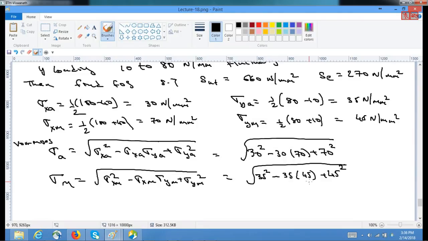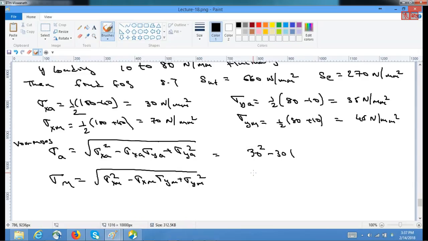Did I mess up? XM is 70, so let us rewrite it again. Sigma A is the square root of 30 whole square minus 30 into 35 plus 35 whole square.